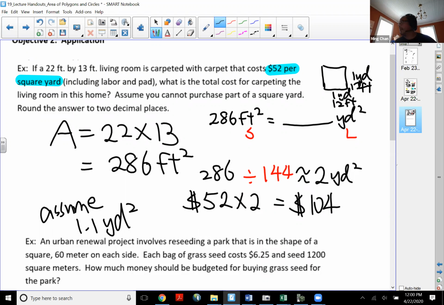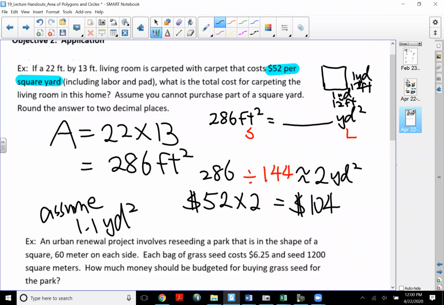But since I cannot buy part of a square yard, what would I round this to? If the calculator told me it was 1.1, do I round it as 1 or 2 still?